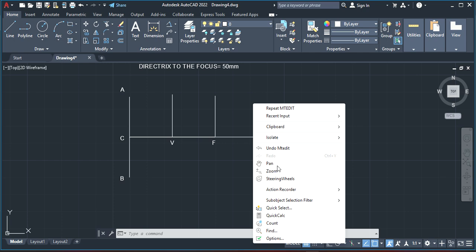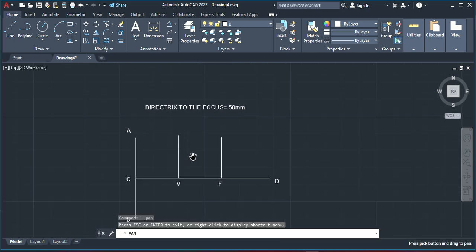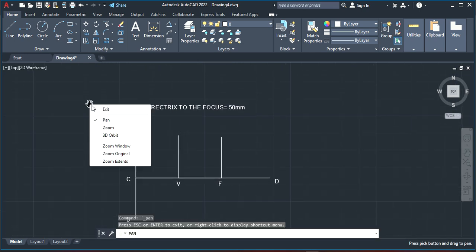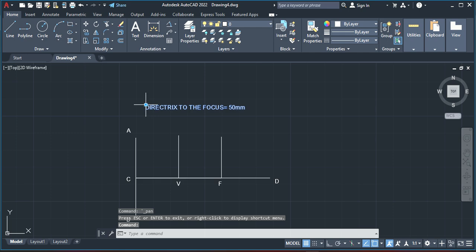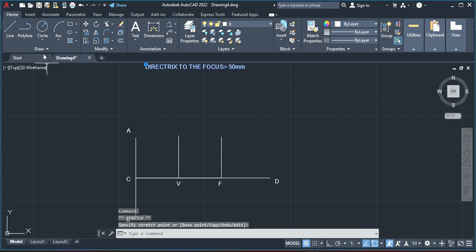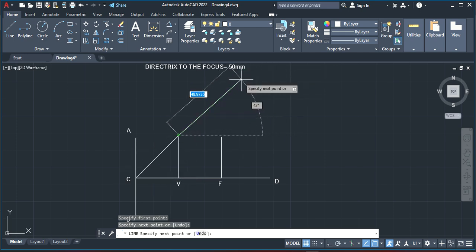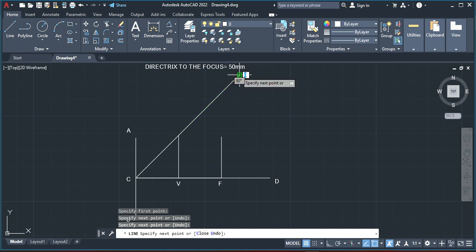Now use the pan, exit, again use the line, start from C to this point, and again you can extend with the same inclination. Enter.